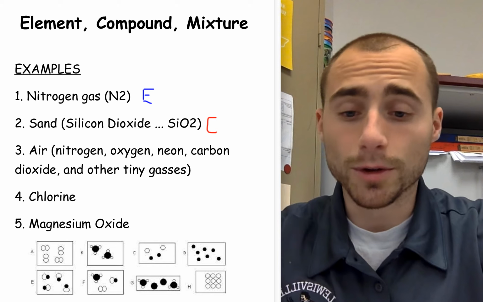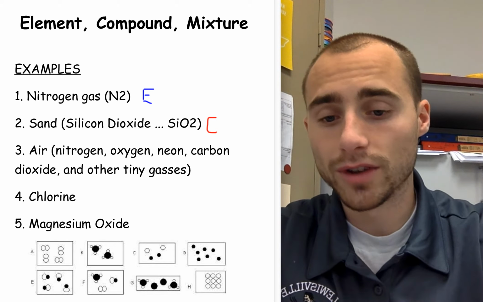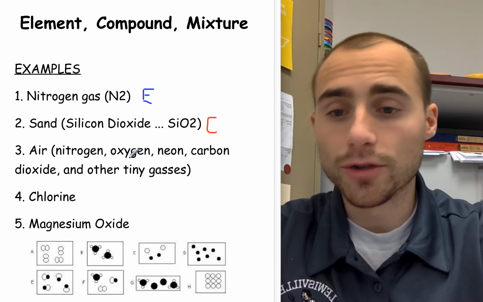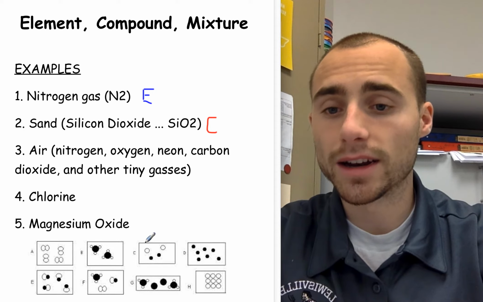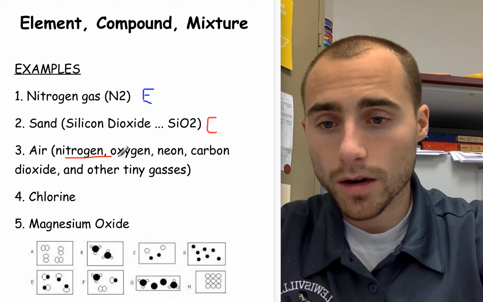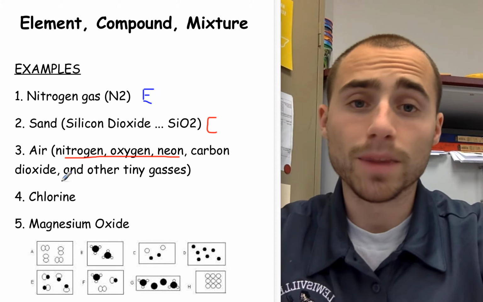Air, this is one that really slips people up. A lot of times you think the air is just oxygen gas, things like that. We need the oxygen gas in the air, but it's actually a mix of nitrogen, oxygen, neon, carbon dioxide, and other tiny gases. Well, you see here, these three are all elements, but then carbon dioxide is a compound.